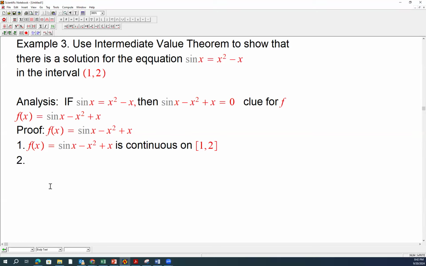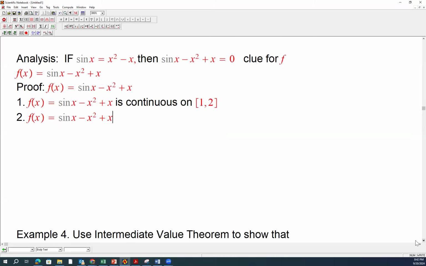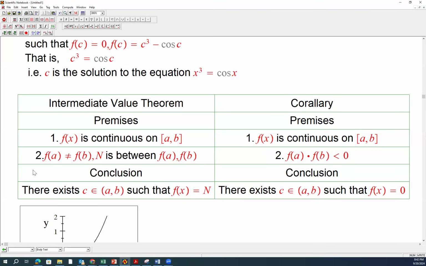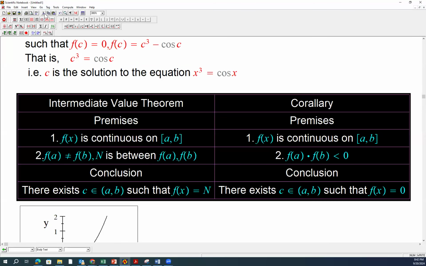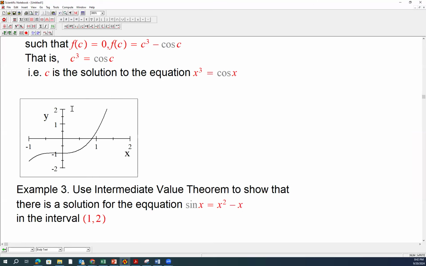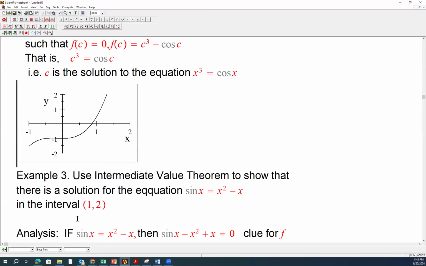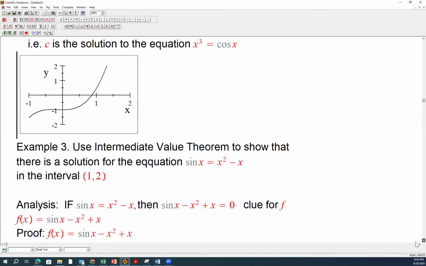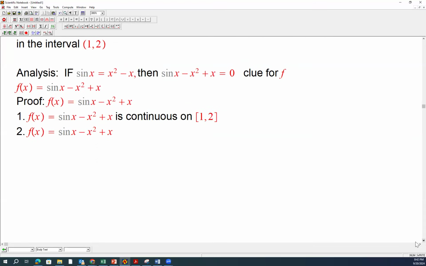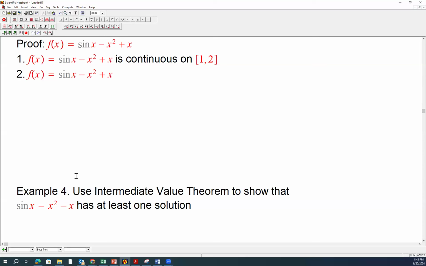All right. Number two, we're going to check the values. So we're taking the second condition. I'm going to bring the theorem with us one more time, for our convenience. We don't need to look at the scratch paper.